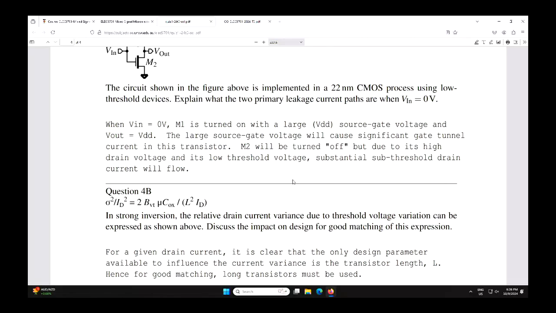Well, quite often when you design, the drain current is something that you specify for other reasons. Maybe power consumption, maybe you need it for speed, maybe for matching, or for noise. It's normally not determined by matching.